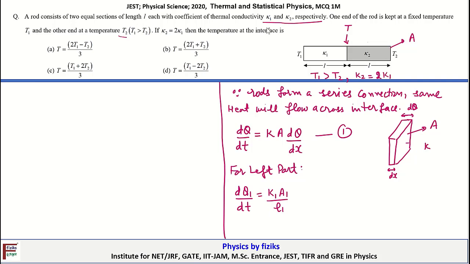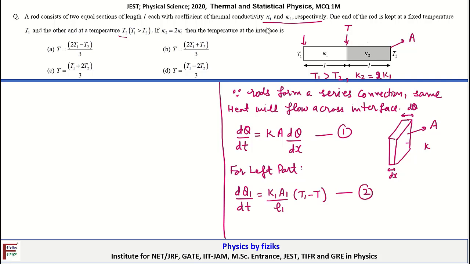I am replacing dx with L1 here. Then d theta is the temperature difference between the two faces. Here this end is at temperature T1, and the temperature at the interface we have considered to be T. Because T1 is greater than T, this will be equal to T1 minus T.